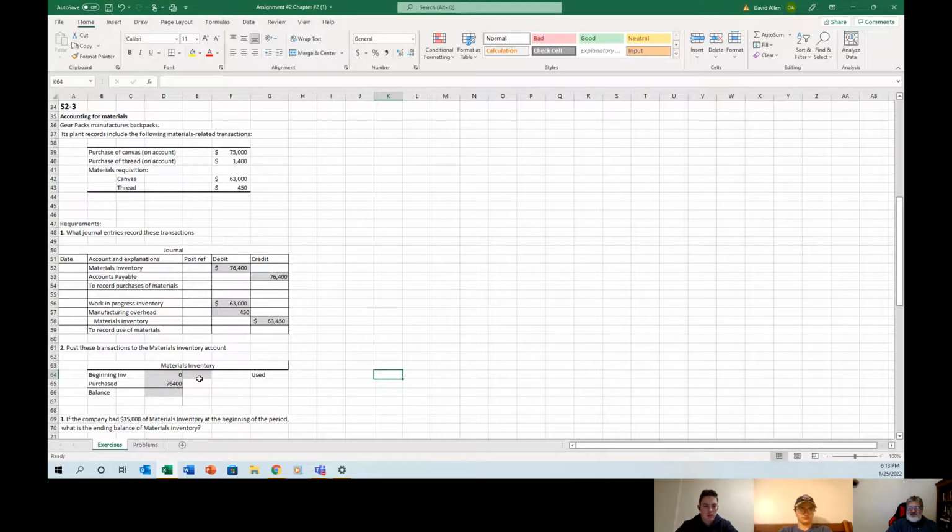How much did we use? Oh yeah. Because this is going to give us our ending balance. We bought this much, but we also used a bunch, right? So our ending balance is going to be the 76. So this is going to equal this 63,400 minus this, right? Oh, excuse me. No, I did that backwards. So just delete that out.